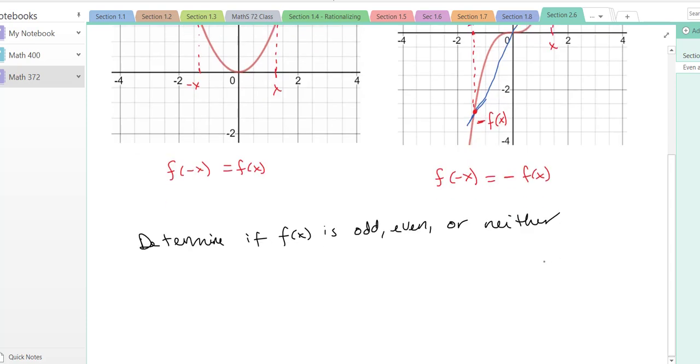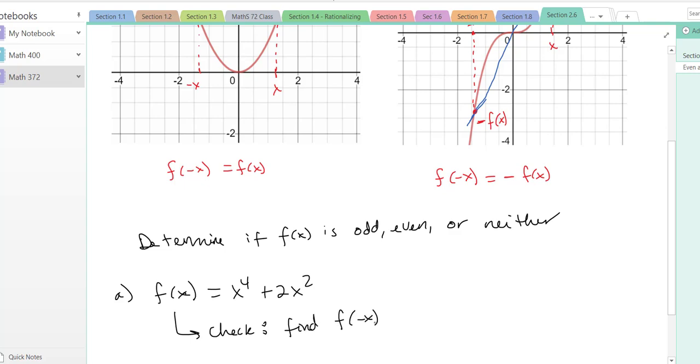Some examples. For a, f of x is x to the 4th plus 2x squared. Based on the exponents, they're even, so I'm going to guess that the function is even. Algebraically, I'm going to check this by finding f of negative x.